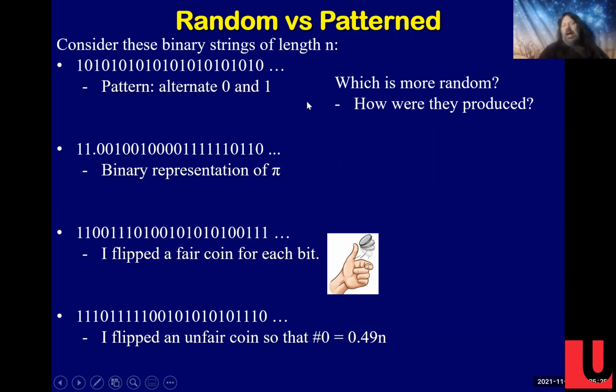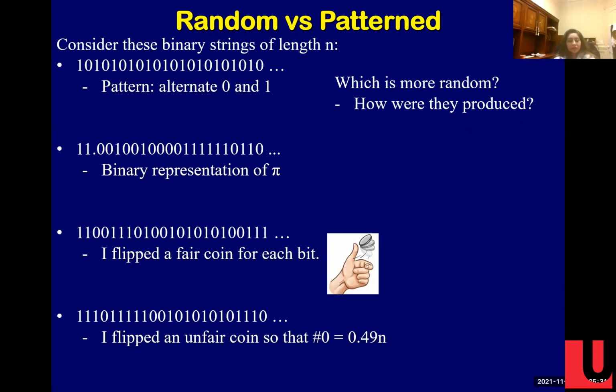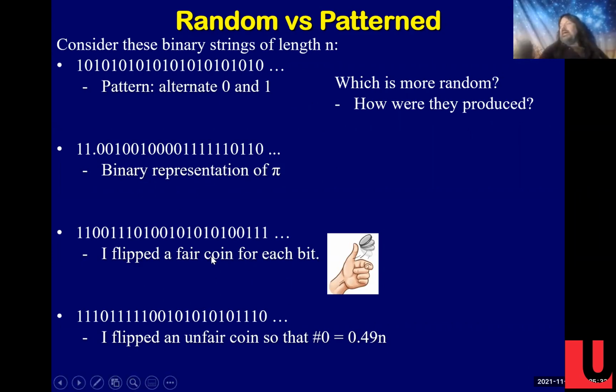All right, everybody got how we got these 4 strings? Sir, what do you mean fair coin, unfair coin? Oh, a fair coin is that when you flip it, the probability it gets heads is 50%. And an unfair coin is slightly more likely to get a heads than a tail.